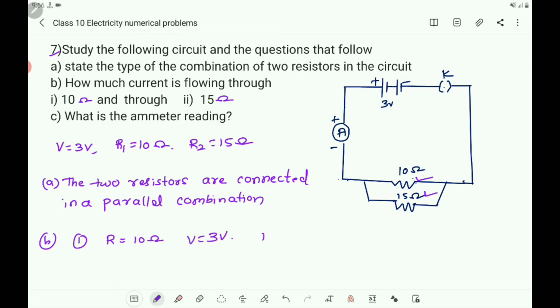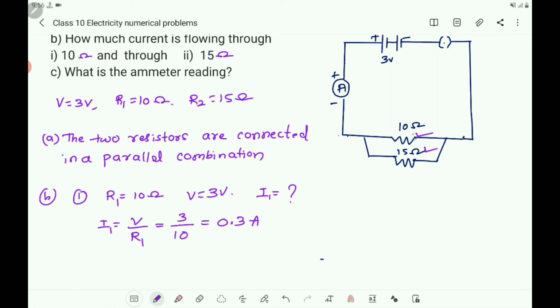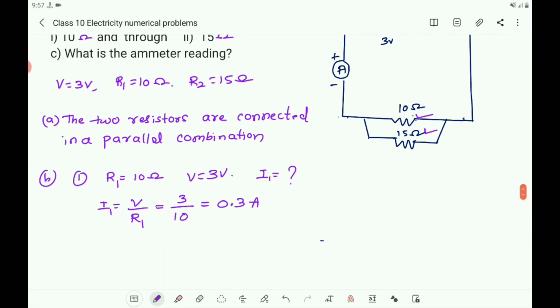And we have to find out I. So you write the formula I equals V by R. So for I1, this is R1, I1 equals V by R1. That is V is 3, R1 is 10. So you will get 0.3 amps. So the current flowing through the 10 ohm resistor is 0.3 amperes.